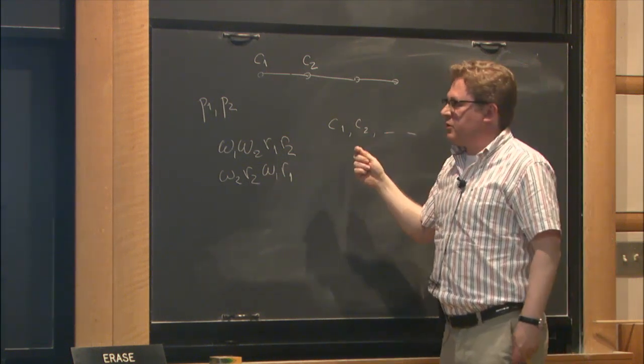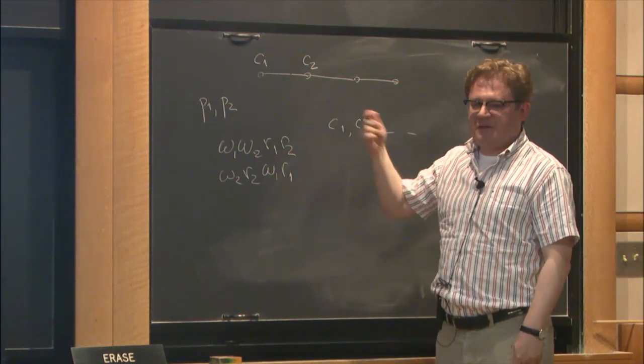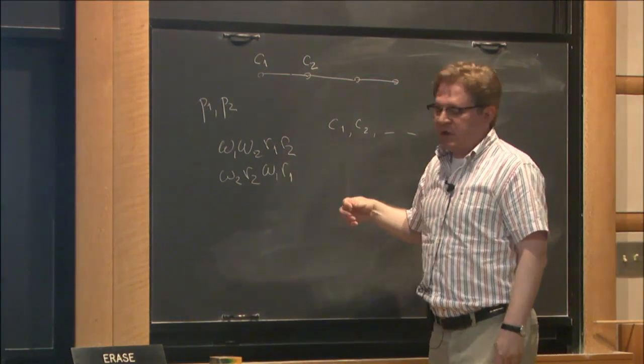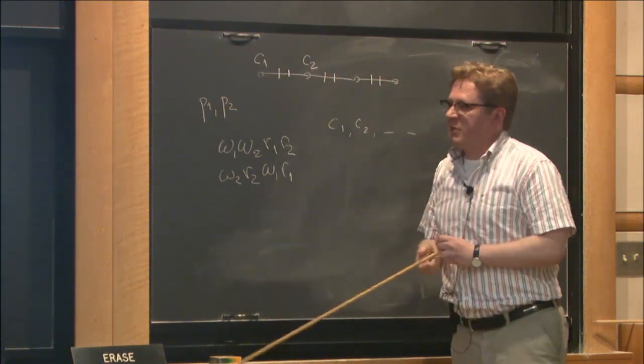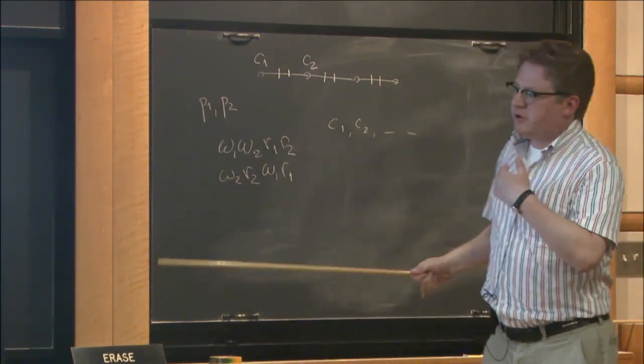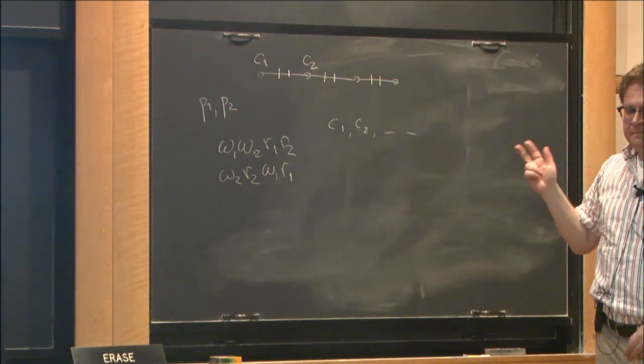If you had a protocol where, for example, they repeated this instead of doing it just once, to try to fix it and repeat a few rounds, all that will happen is that you will subdivide this further. This is what happens if you take this protocol and iterate it. You just iterate the subdivision, which we call the standard chromatic subdivision.